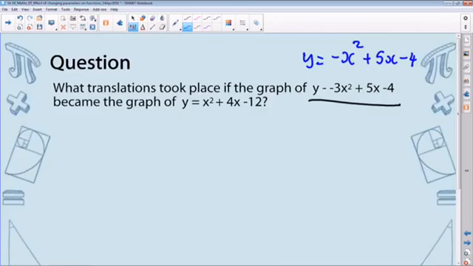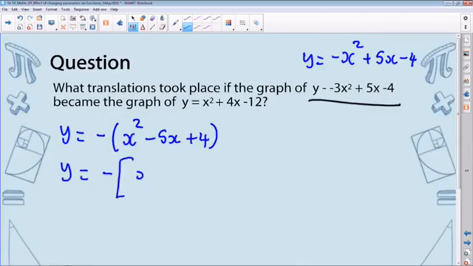Now, remember, when you're completing the square, take out a common factor. This is −(x² − 5x + 4), which simplifies to y = −[(x − 5/2)² + 4 − 25/4].